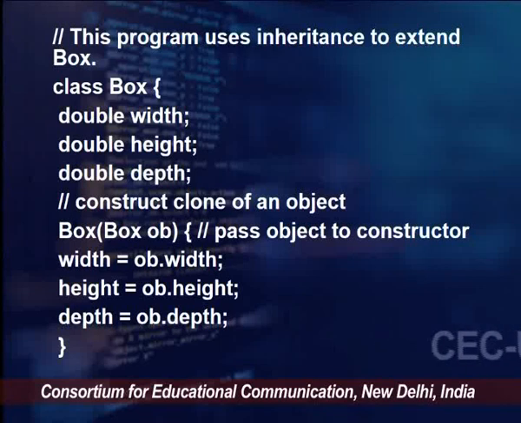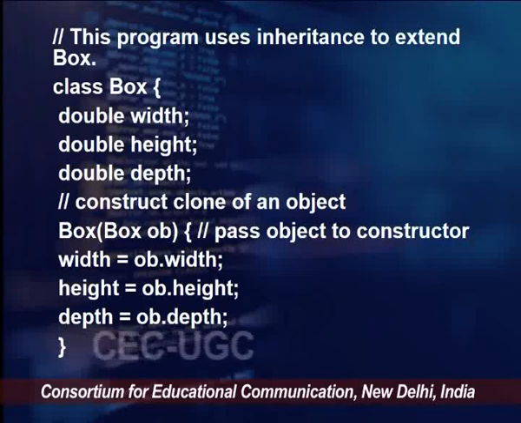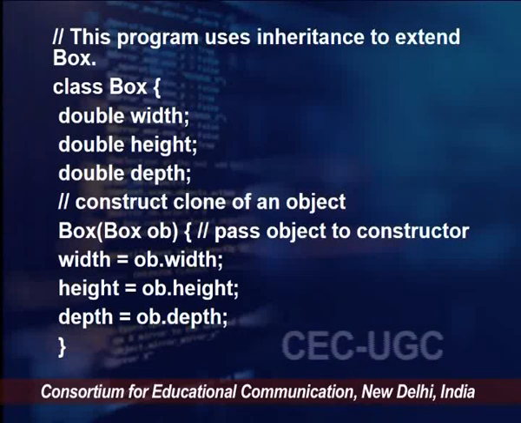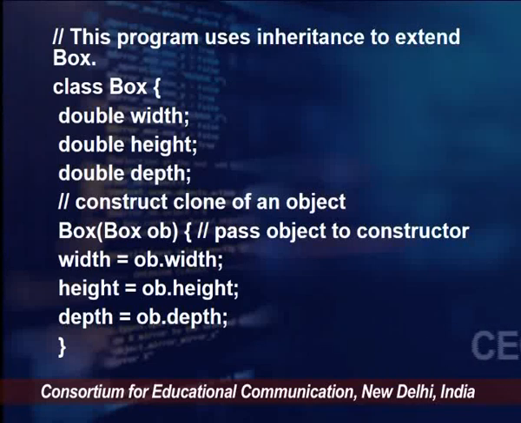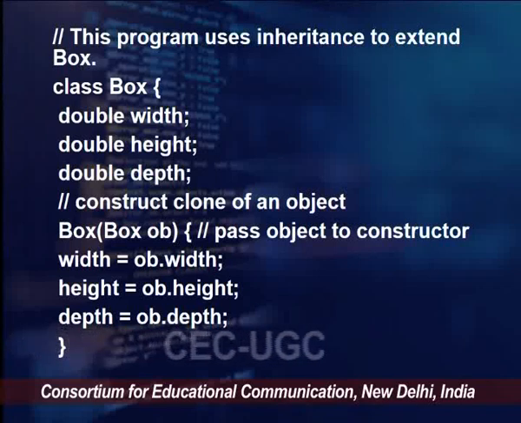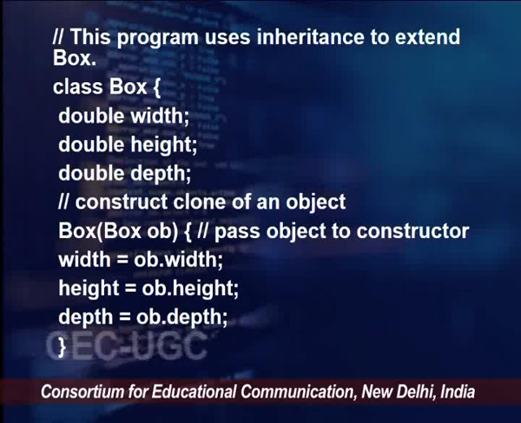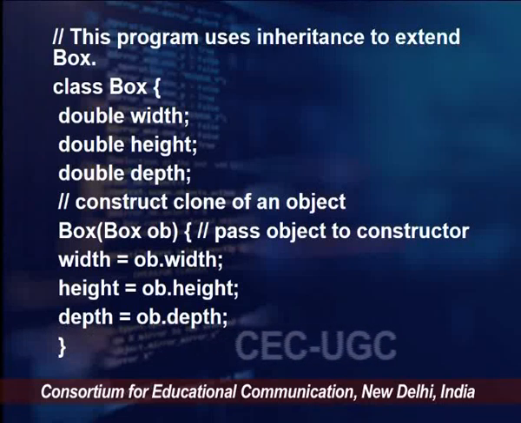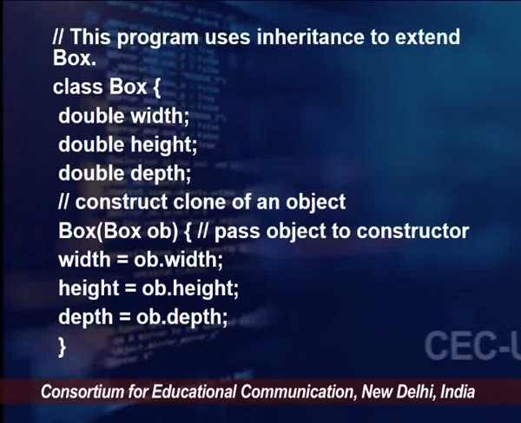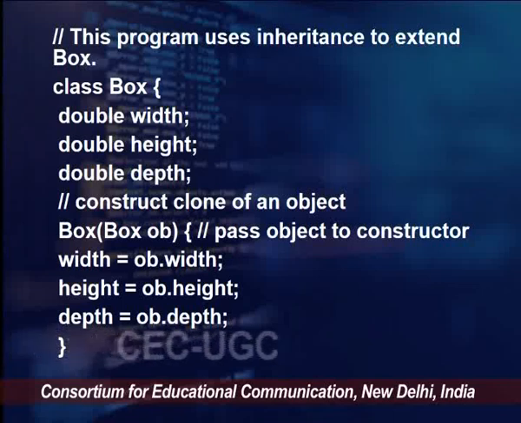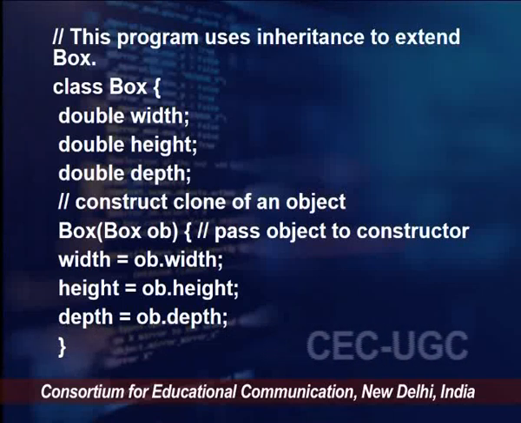The constructor is named Box, and within the parameter we write Box ob, and width is equal to ob.width, height is equal to ob.height, and depth is equal to ob.depth. So whoever calls this constructor, the width, height and depth of that particular object will be initialized with the width, height and depth of the object passed as the parameter, which is tied up with this object ob.